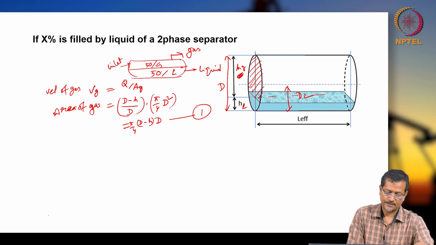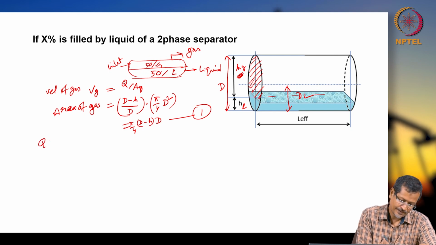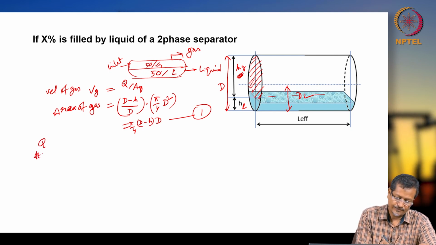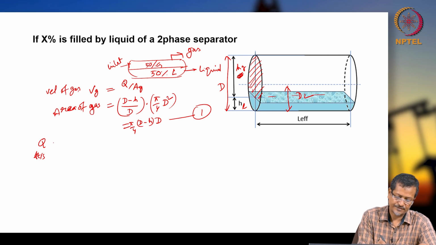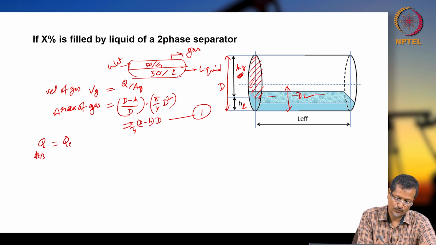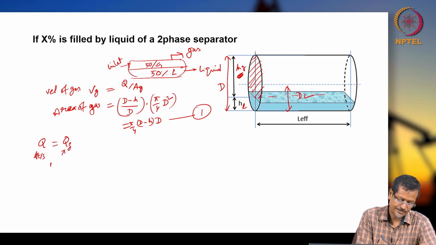Now gas flow rate in feet per second. Let's say if it is given in MMSCFD, then how will we calculate feet per second? Q gas is in MMSCFD.